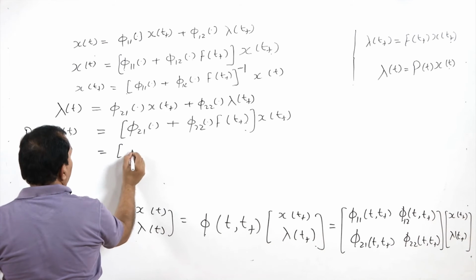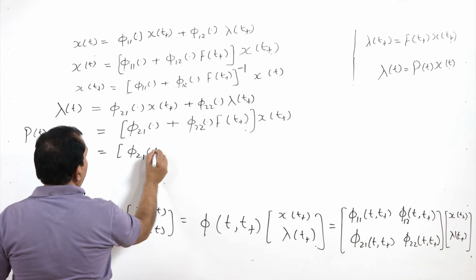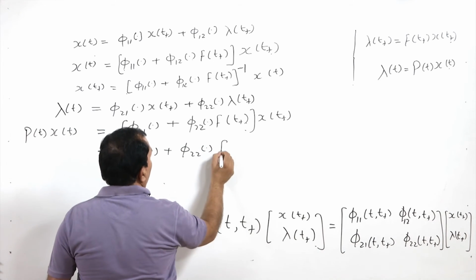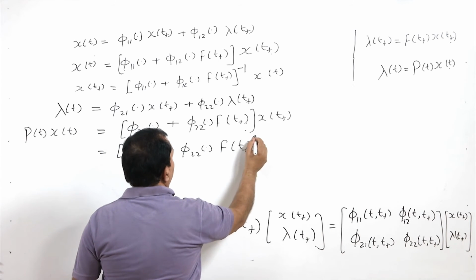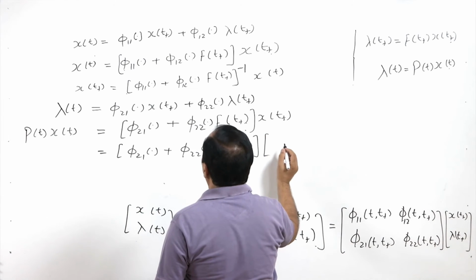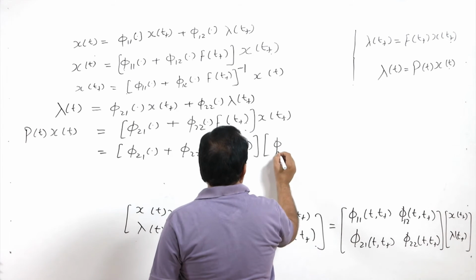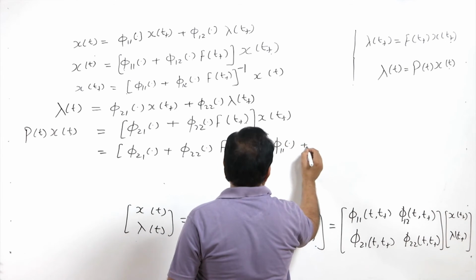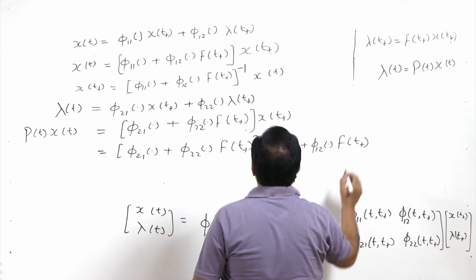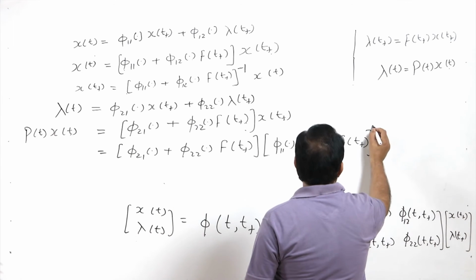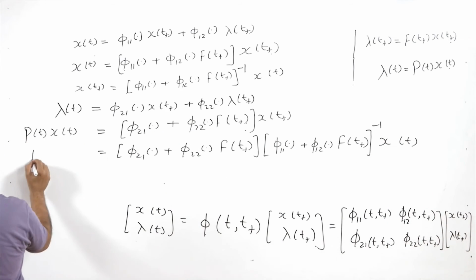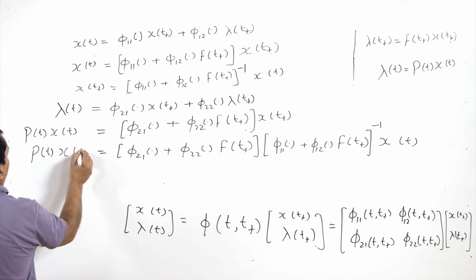So I can write this as phi 21 plus phi 22 F(t_f), and in place of x(t_f) I write phi 11 plus phi 12 F(t_f), inverse, x(t), and this is nothing but my P(t) x(t).